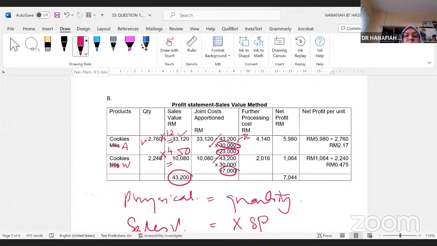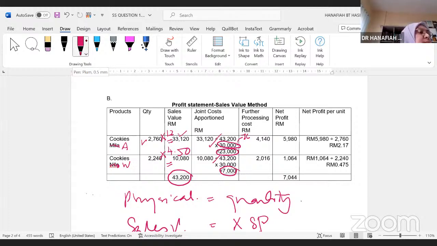Do you derive the same figures with me? 33,120 plus 10,080 is 43,200. 23 times 30,000 is supposed to be 7,000. So 7,000 minus the further process.